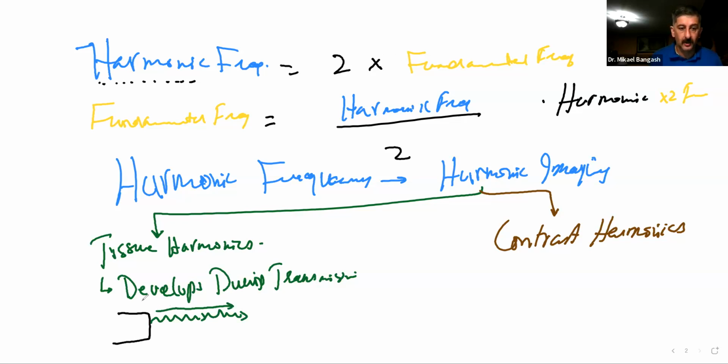So that is during which tissue harmonics will develop. The main discussion we will have today is the ways in which tissue harmonics develop, which is mainly going to happen during transmission.